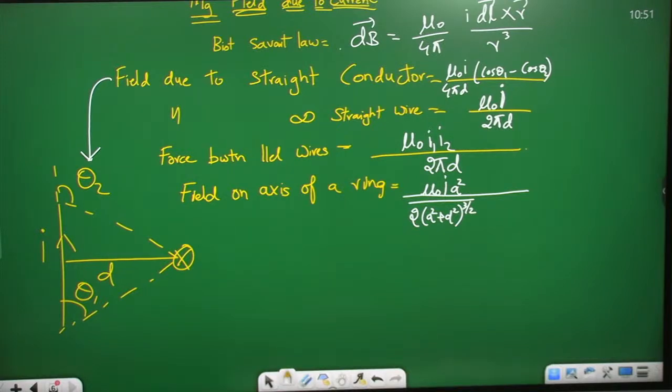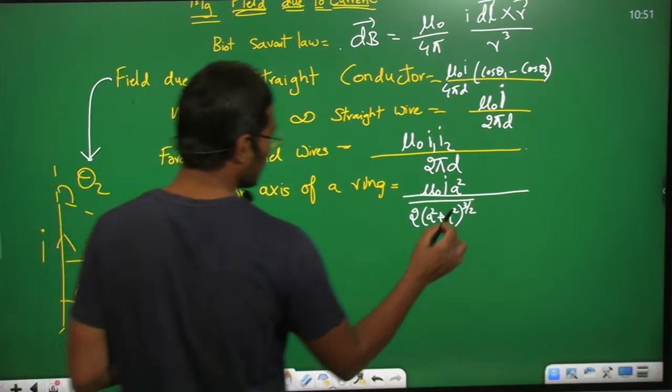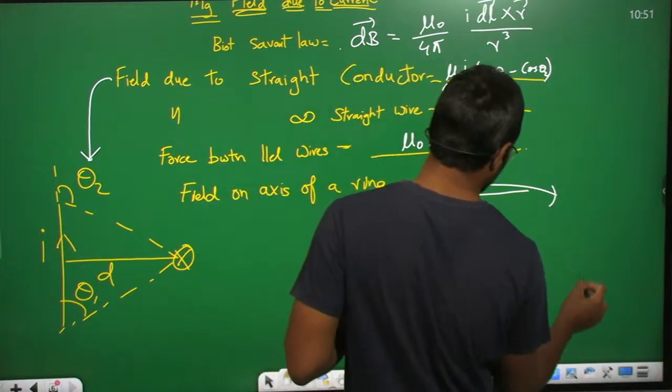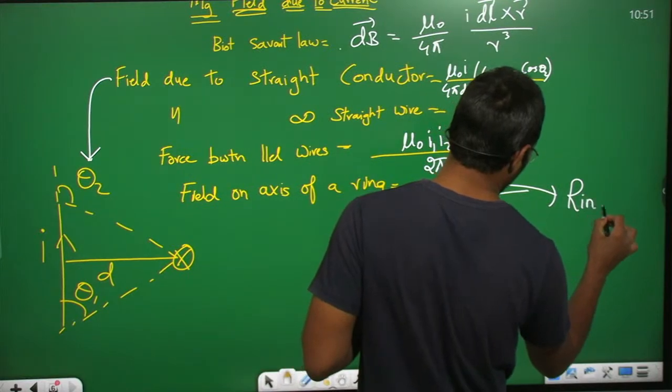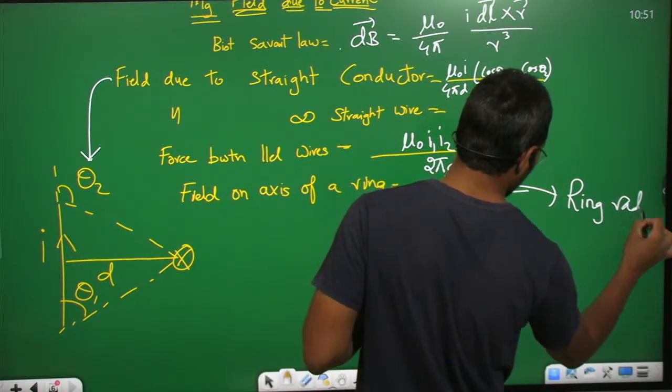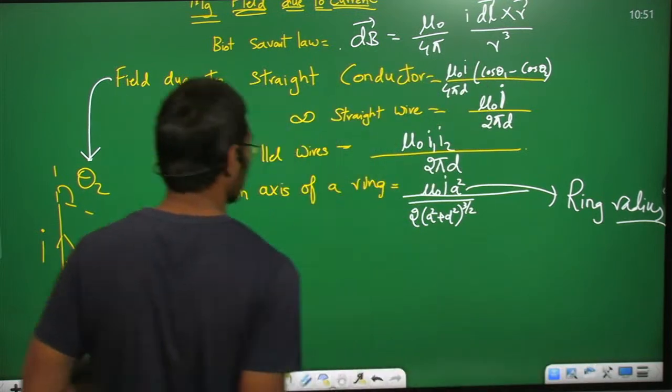So the notations follow a similar way. I guess you hardly have any other new notation. Here A is the radius of the ring. Okay.